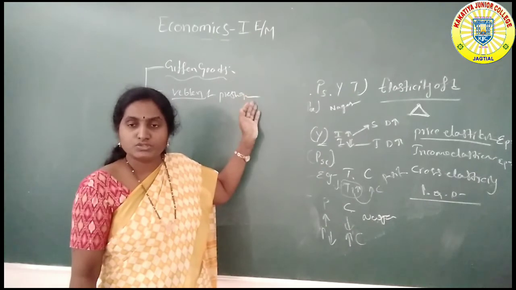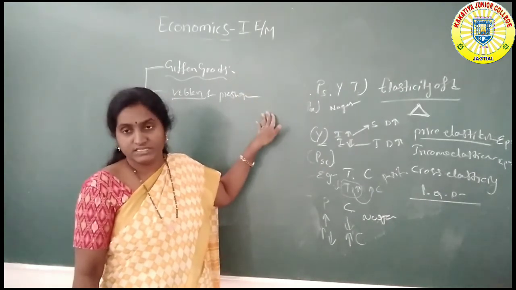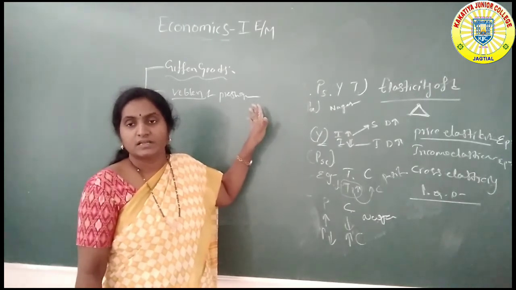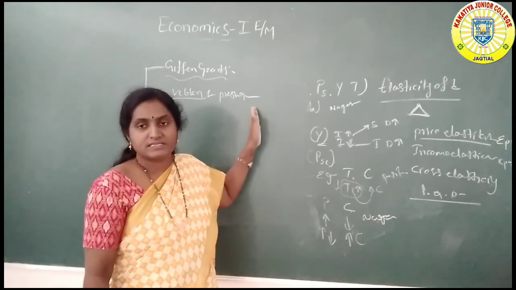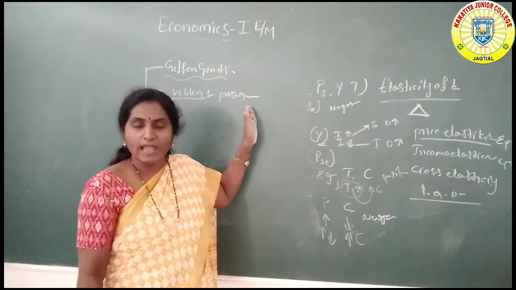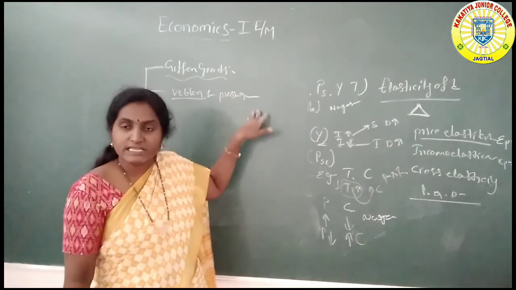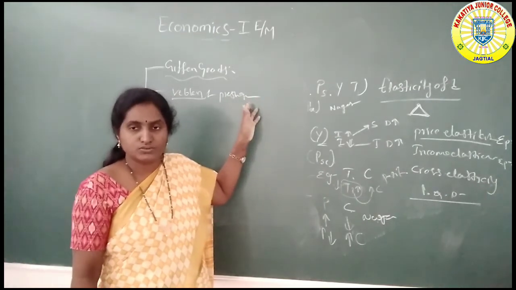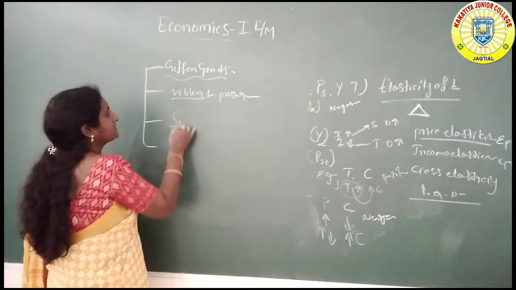Because these goods show the economic status of persons in society. Some prestigious goods are gold, ornaments, different types of valuable vehicles, houses, lands, etc. Even though the price of these goods increases, consumers still want to buy them. So, prestigious goods.